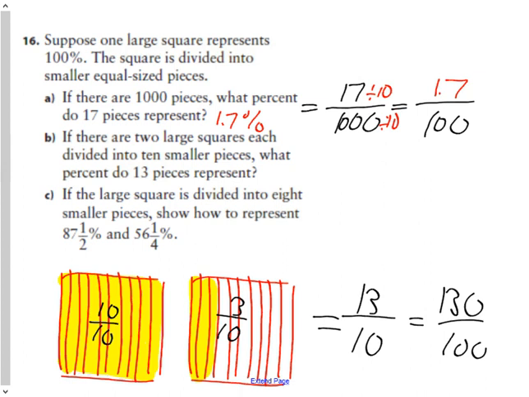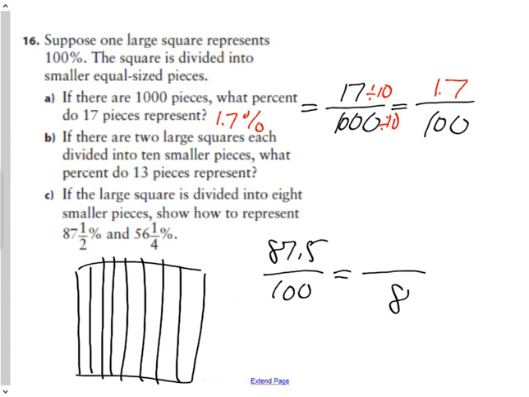And finally, our last question says, C, if the large square is divided into 8 smaller pieces. Oh, thank you. So here we have our 8 pieces. And the question is, 87.5% is going to be equal to how many of those 8 sections? So 87.5% is represented here by this fraction, is equivalent to how many out of 8? Does anyone know what I divide 100 by to get 8? So if I divide this by 12.5, I'm going to create this equivalent fraction.